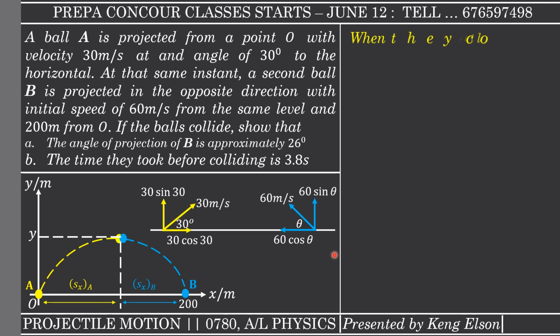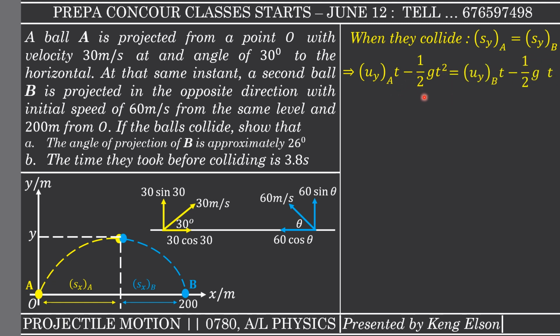Alright, so when these balls collide, the first thing is that they have traveled the same vertical distance, which is Y. So the vertical distance traveled by A is equal to the vertical distance traveled by B. Now what's the vertical distance traveled by A? We know that S is equal to ut plus half at squared. So SA will be the initial velocity in the vertical direction for A times t minus half g t squared.